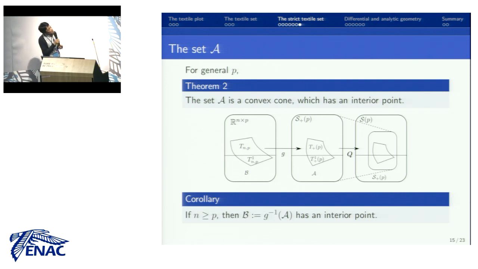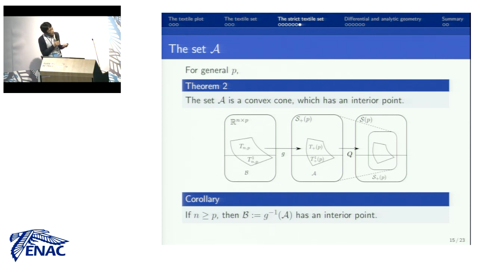But we can show that the set script A is a convex cone in the space of S plus P. And also it has an interior point in this space.